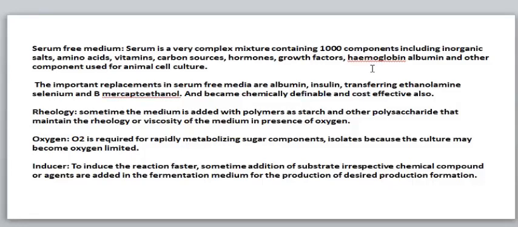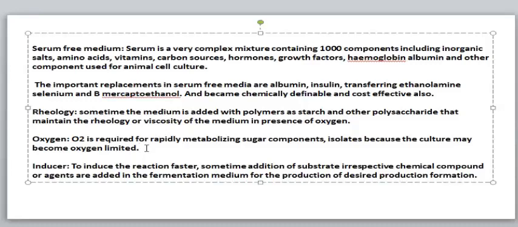So this is most helpful. Thereafter, the rheology of the medium should be maintained. If the medium becomes highly viscous, then we have to minimize it or keep it to an optimized level. There are certain inducers which induce the formation of the product.